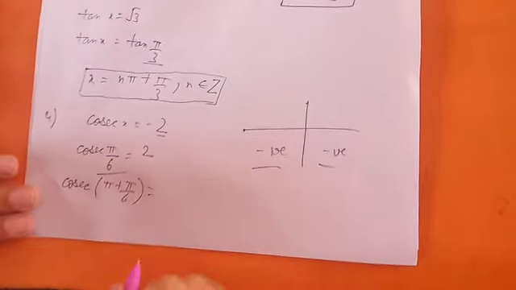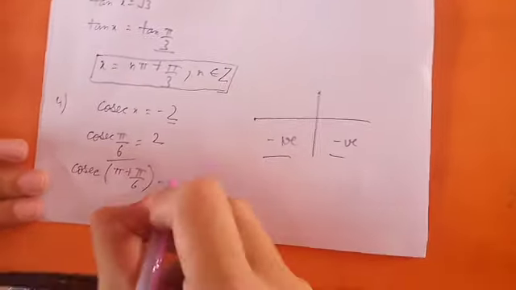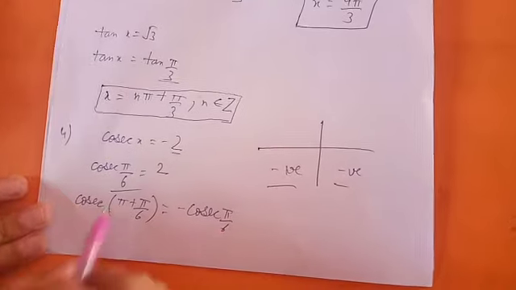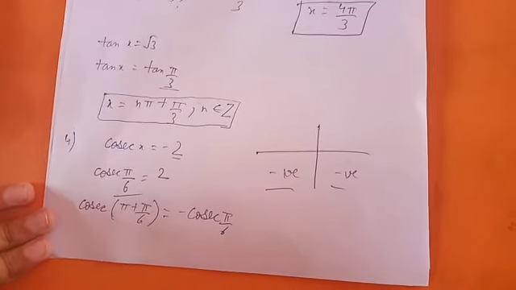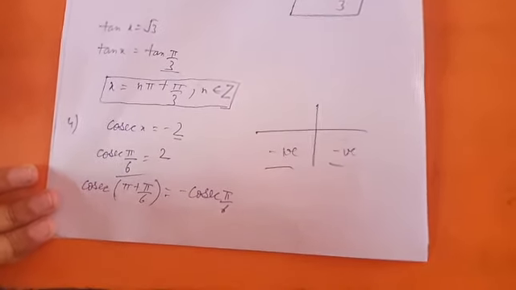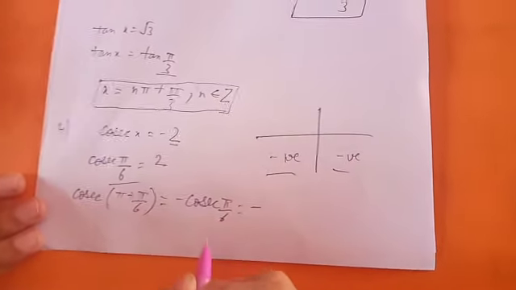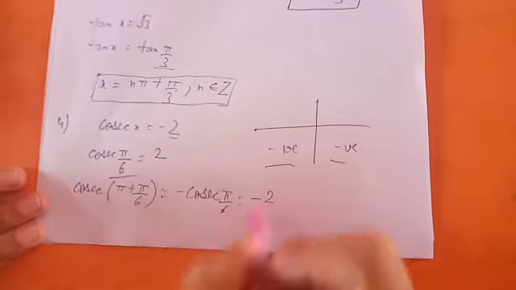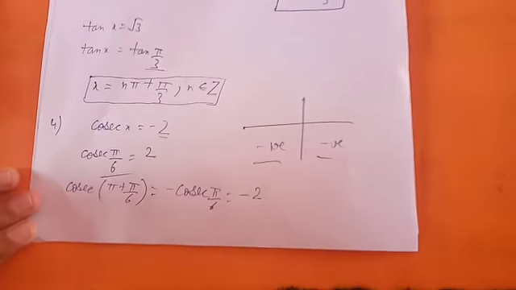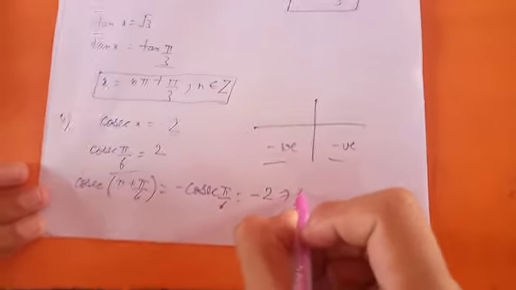That will be minus cosec pi by 6. Pi plus, because in third quadrant cosec is negative, and at pi, phase does not change and our angle remains same. Okay. Therefore minus as it is, cosec pi by 6 is 2, so it becomes minus 2. So from here what we get?